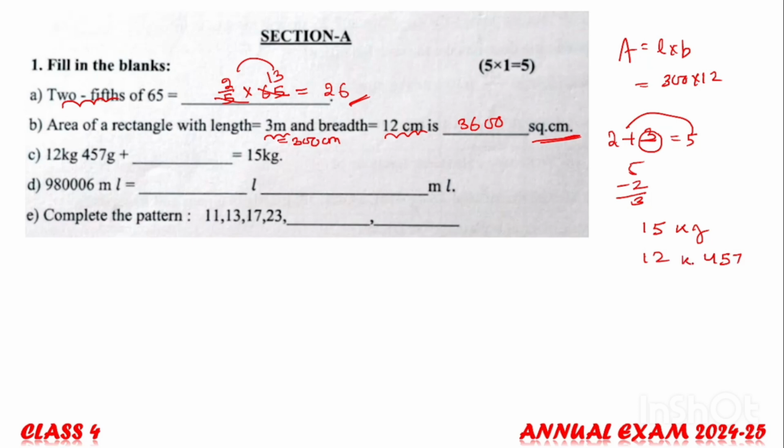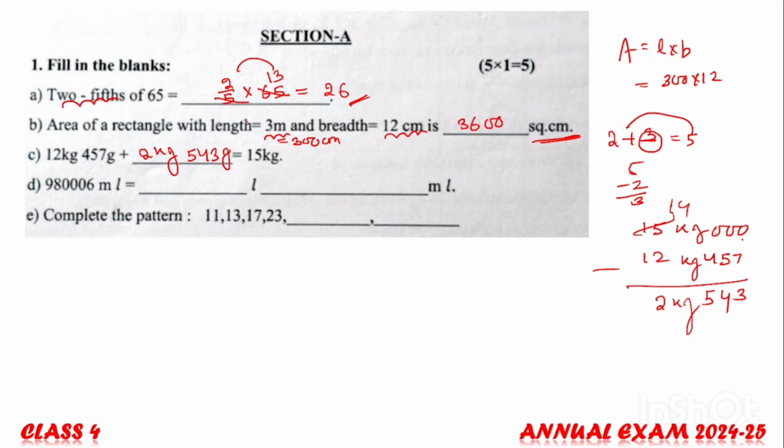Here is 000. Now subtract 0 minus 7, 10 minus 7, 3, 9 minus 5, 4, 9 minus 4, that is 5. Here is 14. So 14 minus 12, that is 2. So the answer is 2 kg 543 gram.